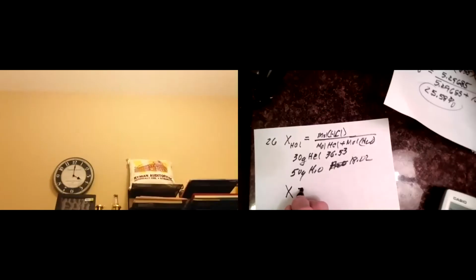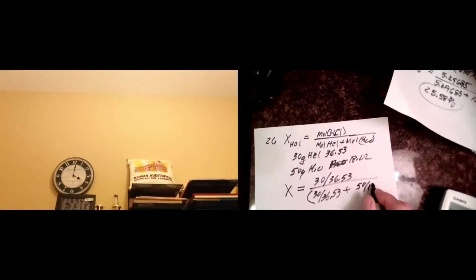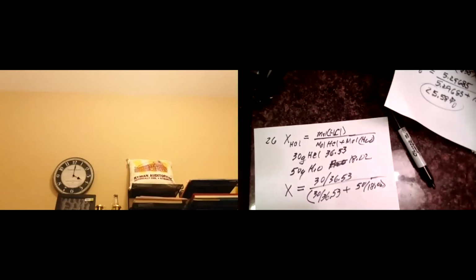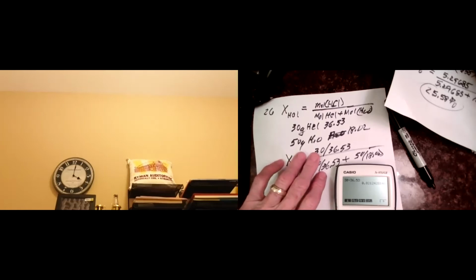So let's stop the share and work the problem. The mole fraction is going to be 30 divided by 36.53, divided by left parenthesis, 30 divided by 36.53 plus 50 divided by 18.02. Okay, so let's do the math for this one. 30 divided by 36.53 equals 0.8212, and it's stored in my register.